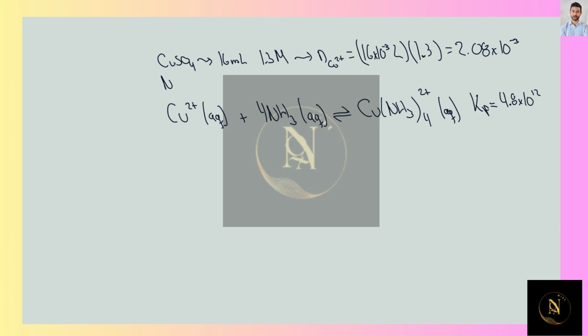Now, the amount of mole that we are going to have of ammonia is going to be the same formula, but in this case, we are adding 1.4 liters of a 0.39 molar solution.